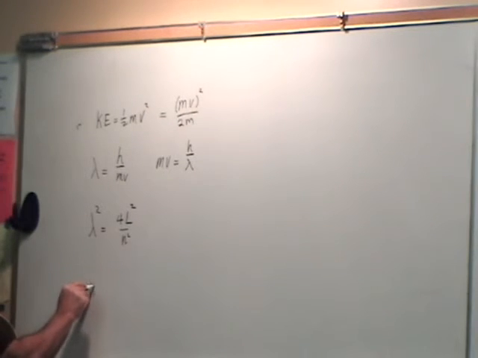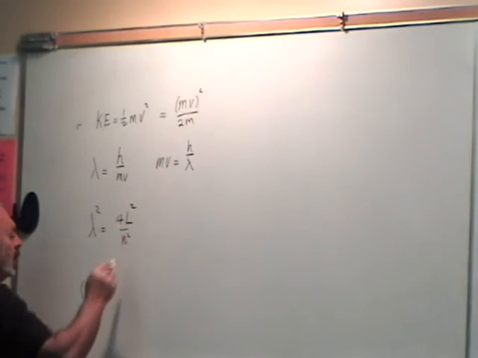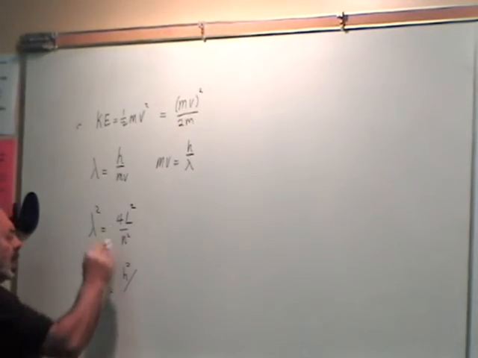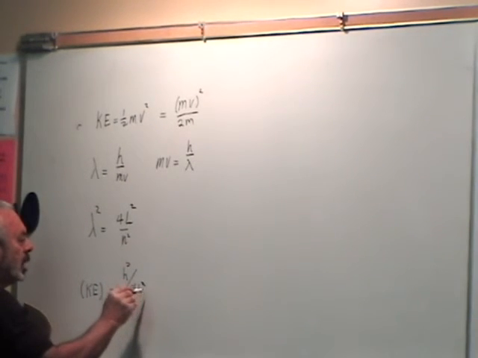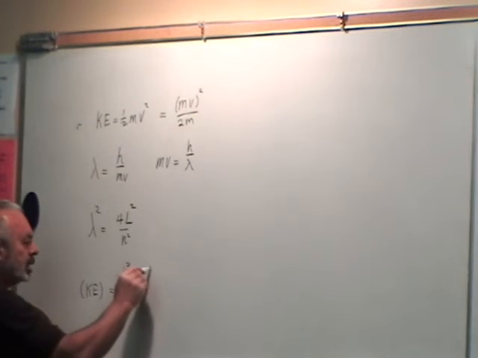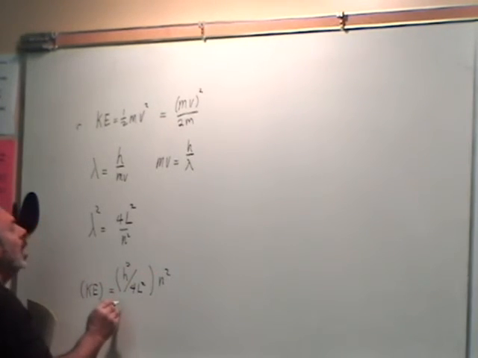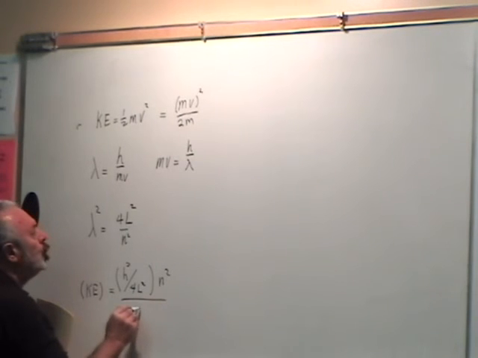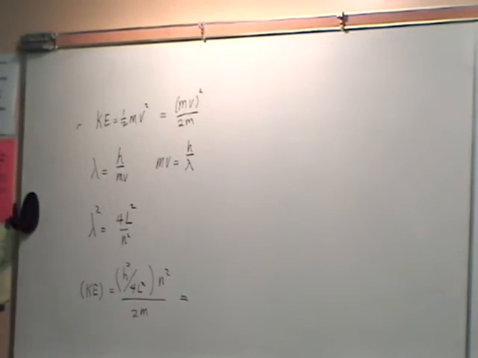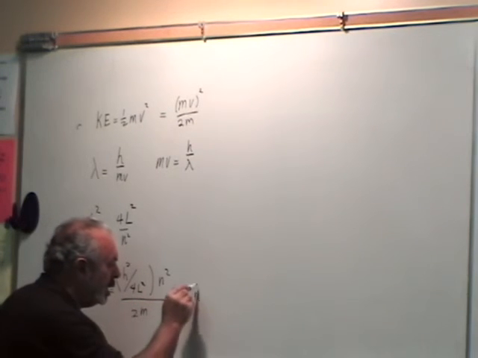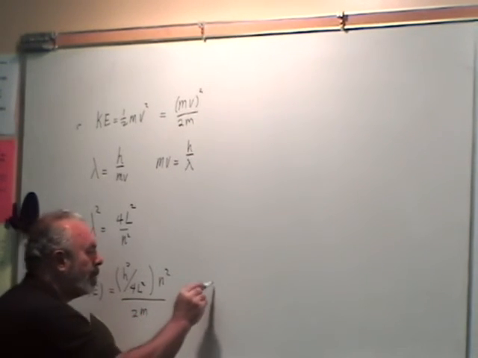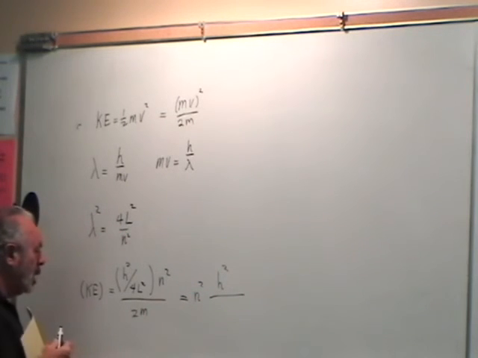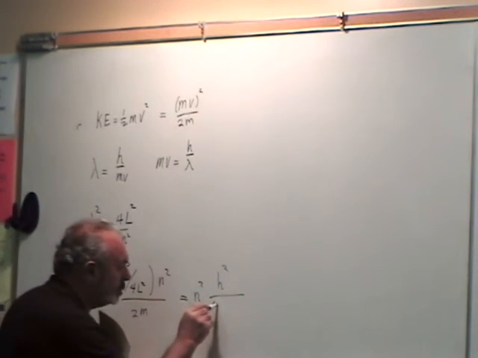So the kinetic energy is going to equal mv squared, which is going to be h squared over lambda squared, which is h squared over 4L squared with an n squared on the top, divided by 2m. So we have, bring the n out, n squared times h squared over 8mL squared.